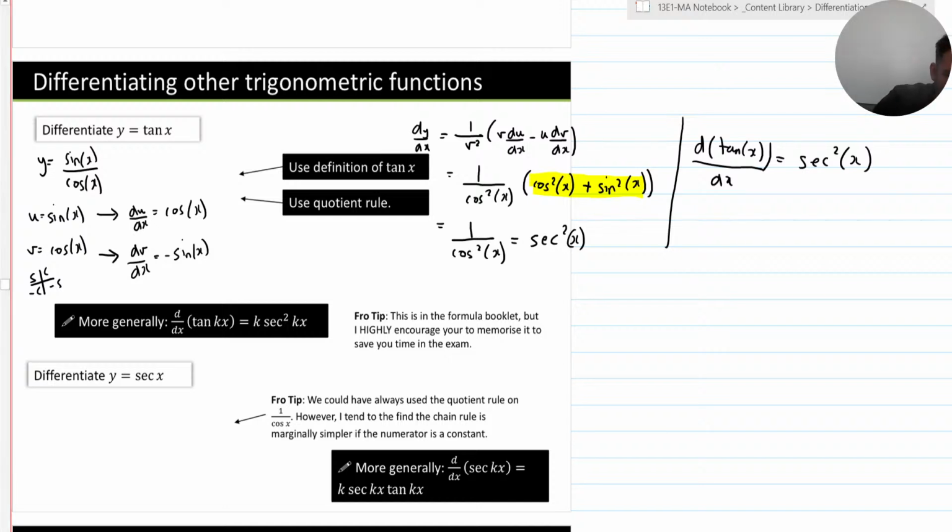And down here at the bottom as well, we've got this 1 over sec x. We can do exactly the same with this. Okay, so we can say that this is equal to, well, sec is equal to 1 over cos, isn't it?